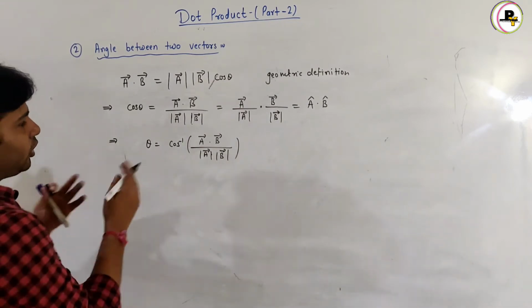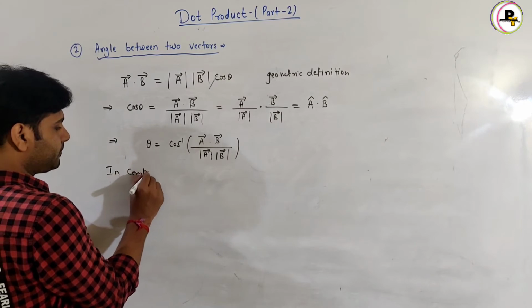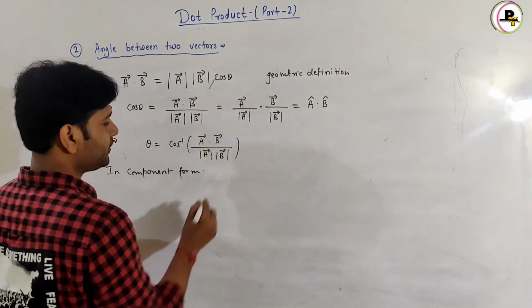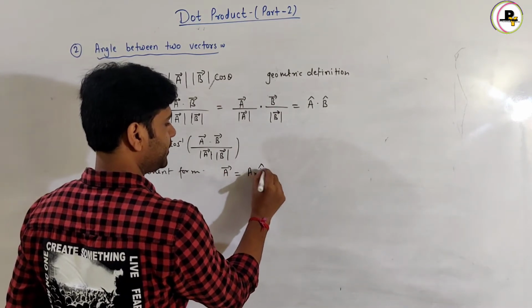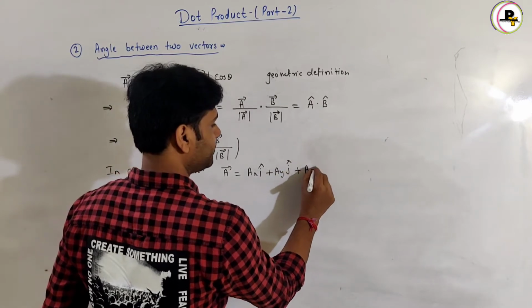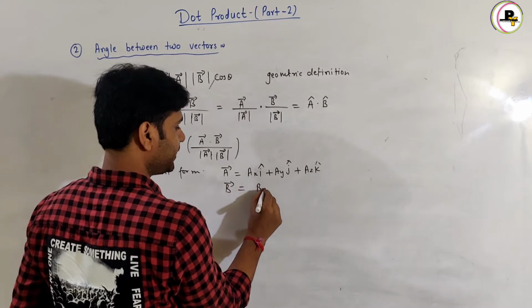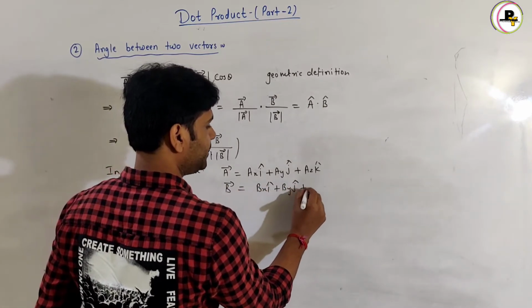Now in component form, as I know that a vector equals to ax i cap plus ay j cap plus az k cap, and b vector equals to bx i cap plus by j cap plus bz k cap.